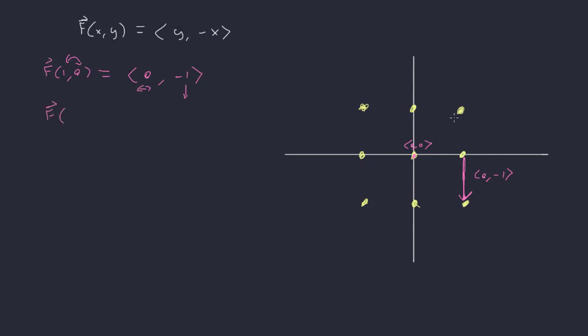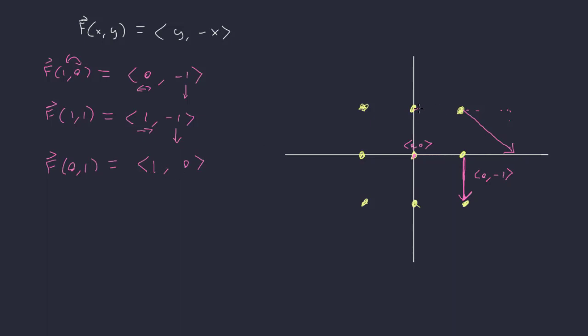Here, when we look at the point 1, 1, again, that flips and negates the x-coordinate, so it's the vector 1, -1. So we go out 1 and down 1. Okay, then when we plug in 0, 1, again, we flip, so we'll get 1, and then -0, which will just be 0.